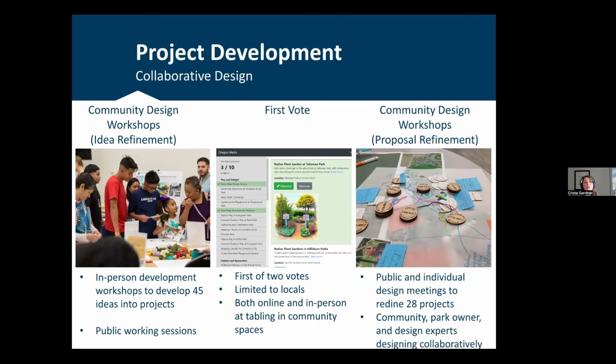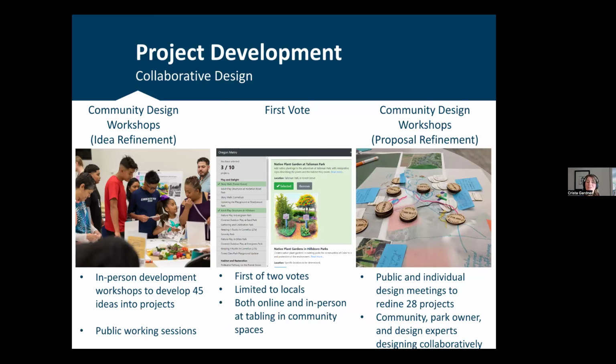Project development is really where ideas submitted during the idea collection phase are developed into complete project proposals, and Mike will talk in a lot more detail about this phase. In overview, project development happens through 6 facilitated design workshops collaboratively with park owners, landscape architects, and other design experts and community members in 2 phases.